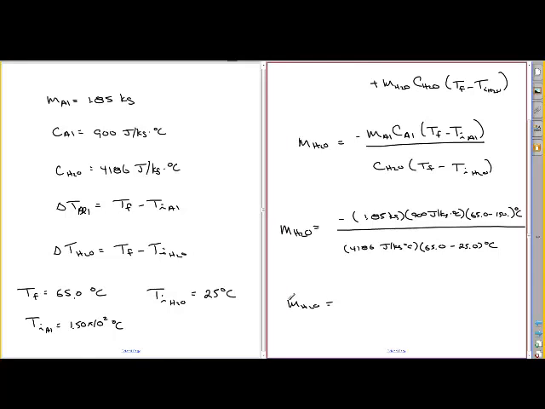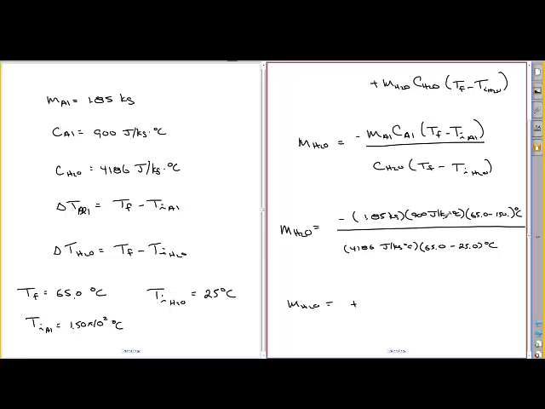So we get the mass of the water is 1.85 times 900 times the quantity 65 minus 150, divided by 4186 and divided by the quantity 65 minus 25. And because it's delta T, we don't have to convert them to absolute temperatures. So notice it's always the temperature difference. And then I add the negative sign.